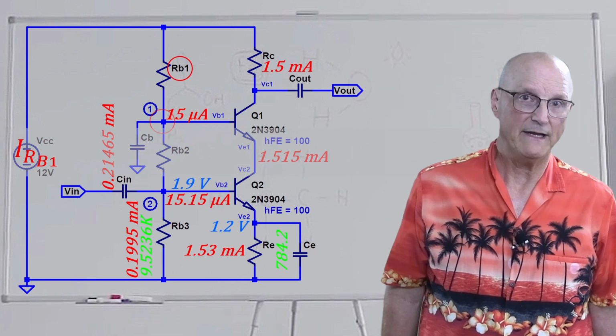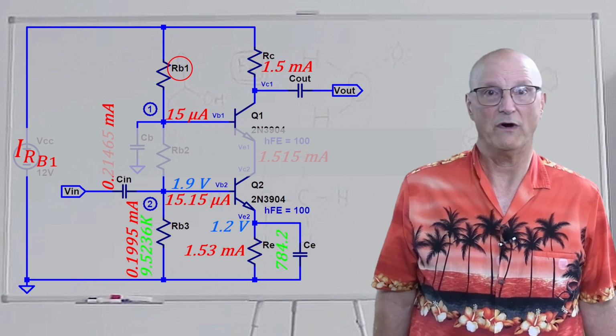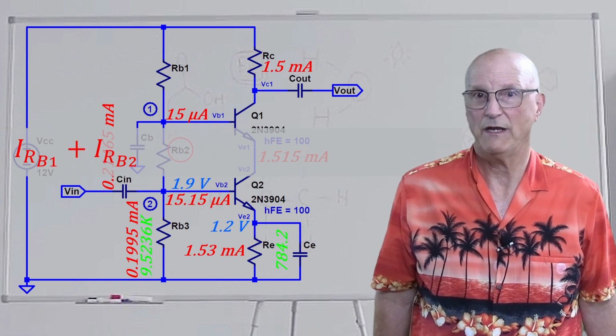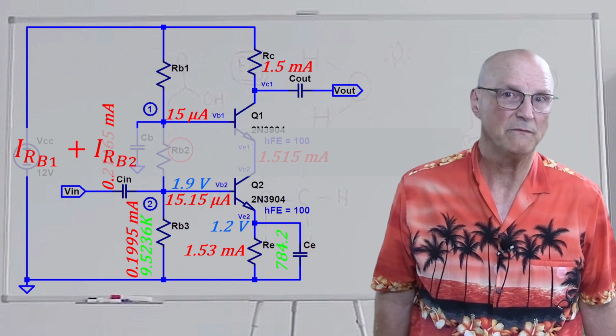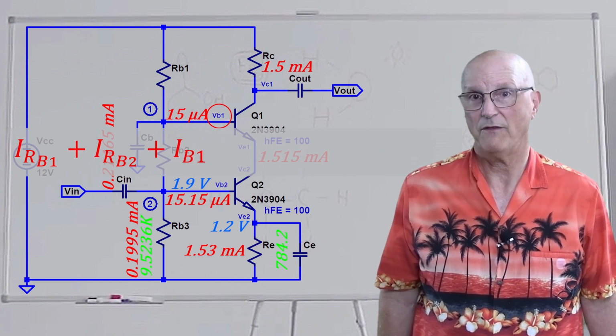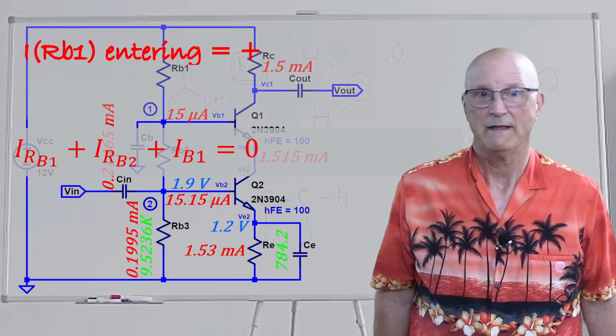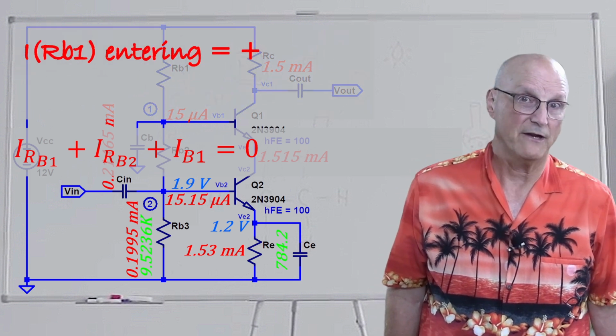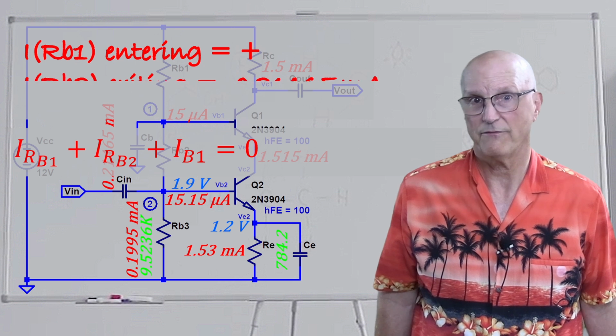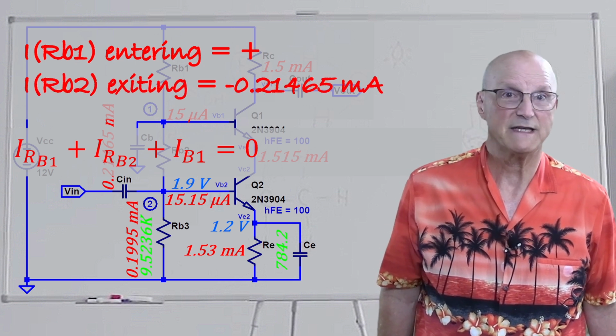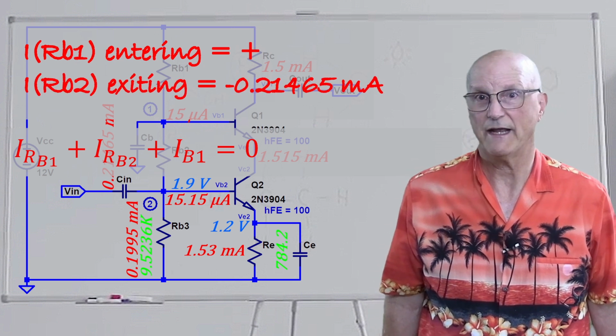We have IRB1, the current through RB1, plus IRB2, the current through RB2, plus IB1, the base current in Q1, is equal to 0. Now, IRB1 is entering the node, so it is positive. IRB2 is exiting the node, so it is negative.